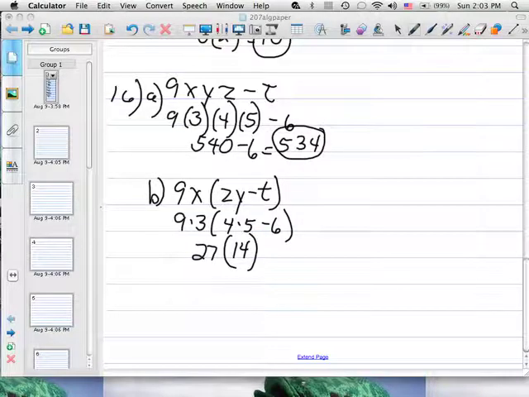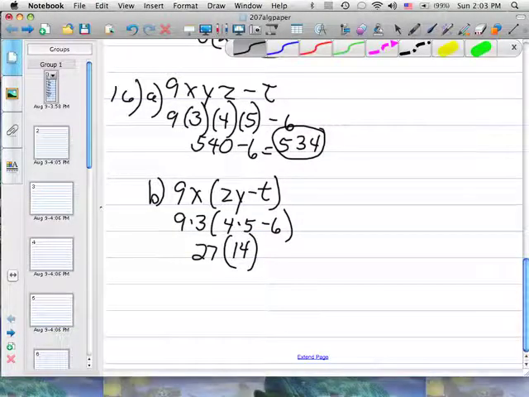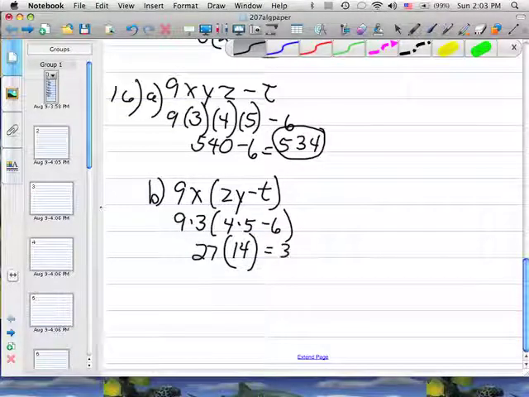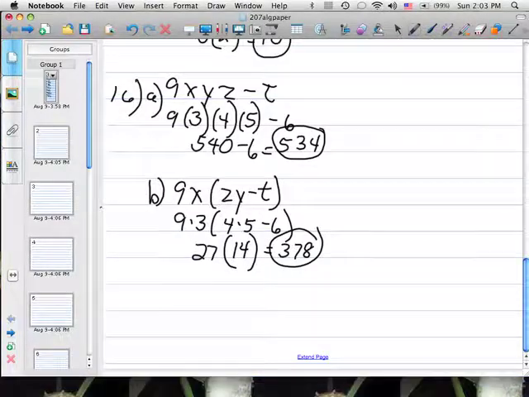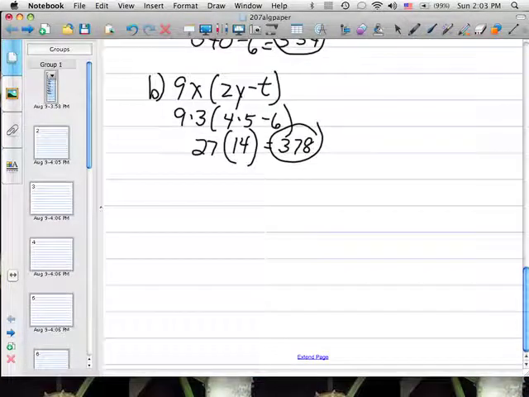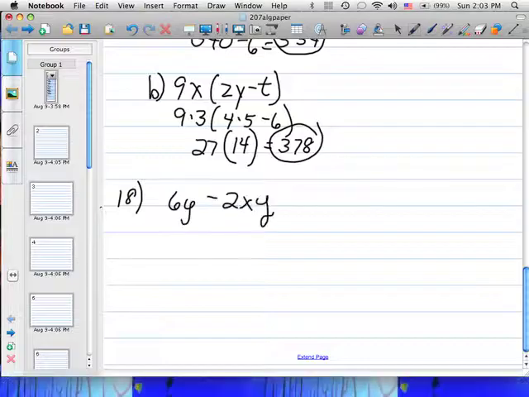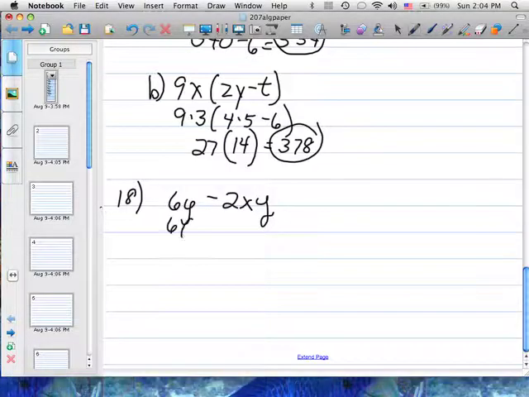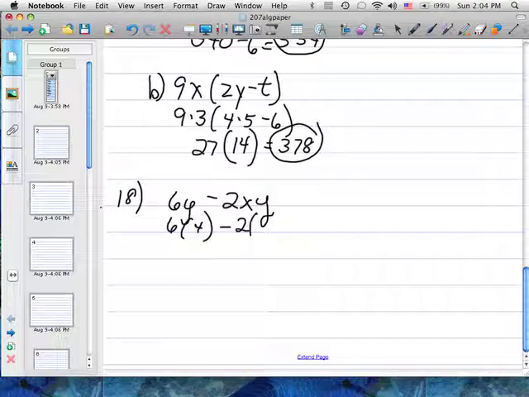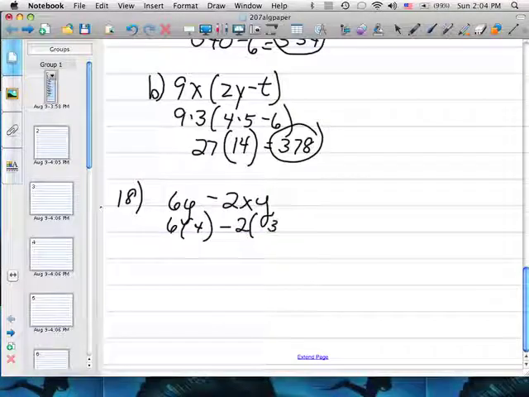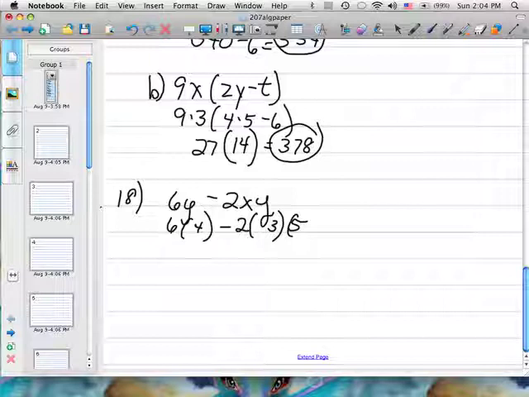And that was A. Part B, 9x times the quantity zy minus t. So this time we do the 9 times 3, and then in parentheses we have the 4 times 5 minus 6. So inside the parentheses, do that first. 4 times 5 is 20, and 20 take away 6 is 14.